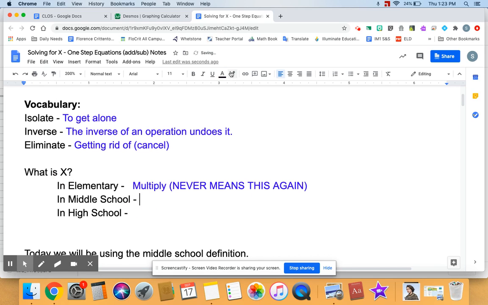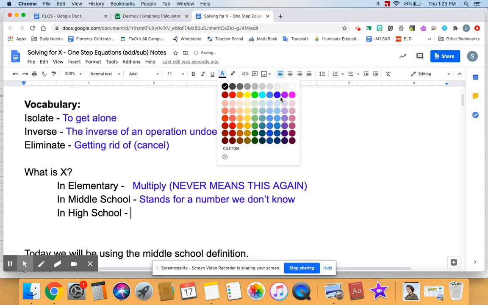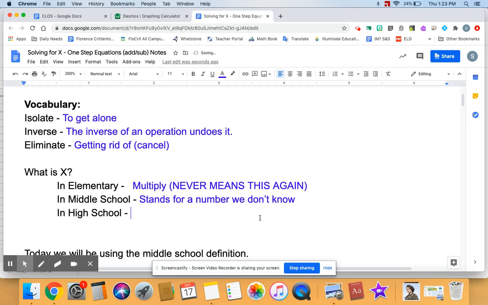In middle school, x starts to stand for a number we don't know. So in a lot of middle school math, x just means it's a number we don't know and we have to figure out what it is.